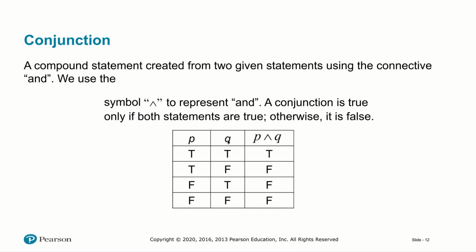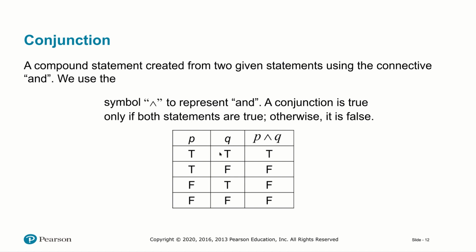Because we have two statements here, we're going to see what happens if they're both true. What if the first one is true, the second one is false? What if the first is false and the second is true? And what if they're both false? This covers all the possibilities for two statements, right?